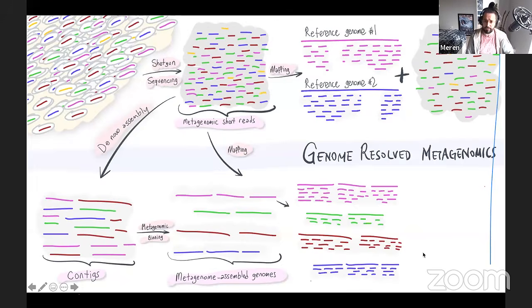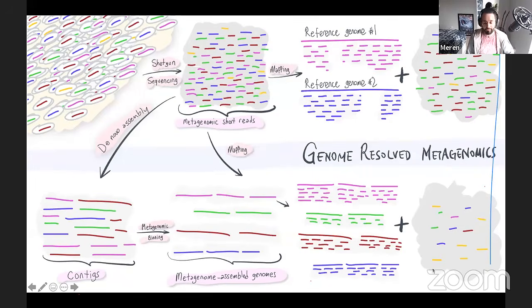But even when we're able to assemble our metagenomic short reads, which is not necessarily applicable to every single environment with the same level of efficacy, unfortunately, and even when we're able to bin our contigs into individual metagenome assembled genomes and recruit these reads, there are going to be some reads that we're unable to characterize in our metagenome.